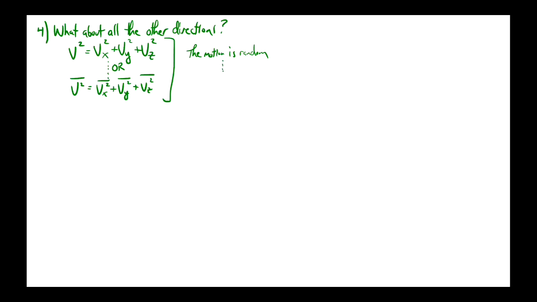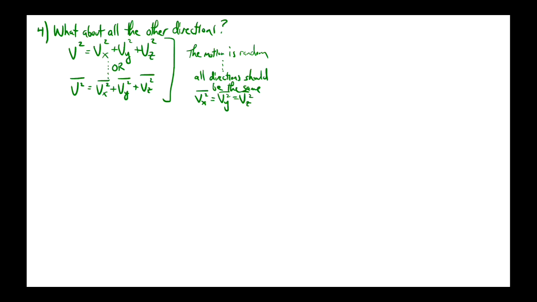So let's say that all directions should be the same, which means that vx squared average equals vy squared average equals vz squared average.